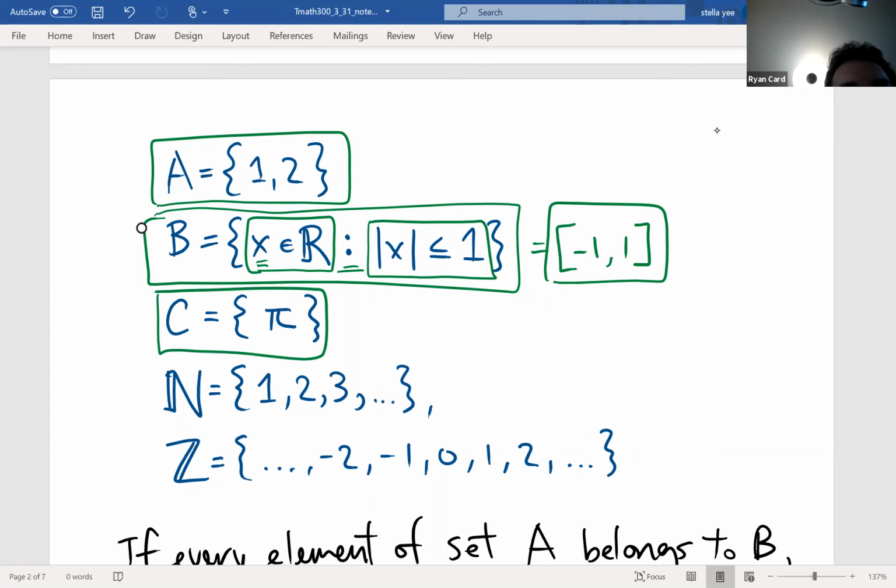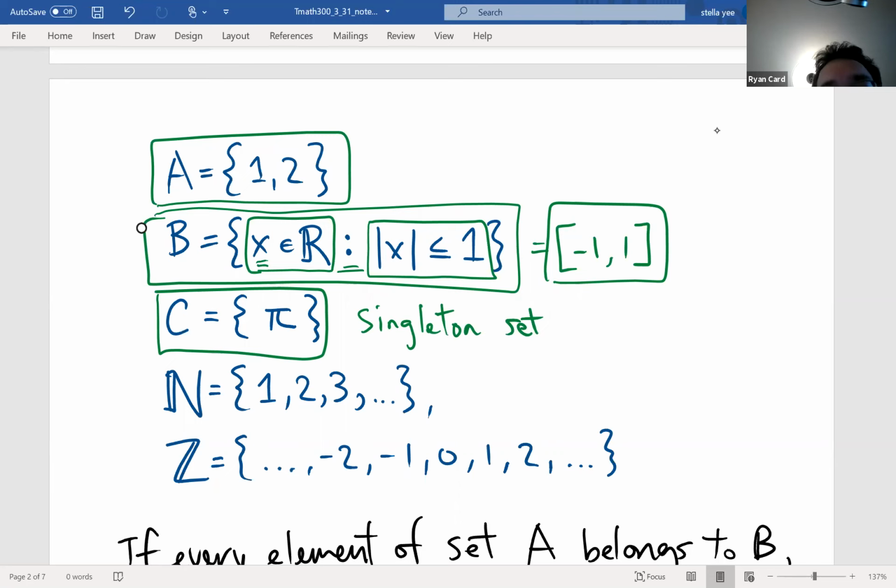Here's another set. This set consists of only one member, the number pi. These are sometimes called singleton sets if it only has one element.